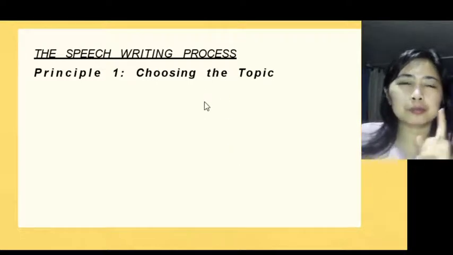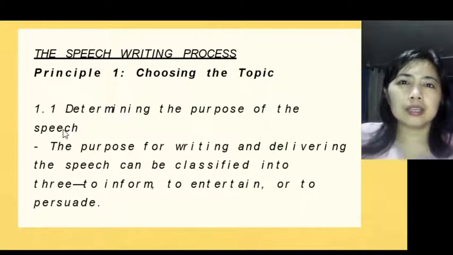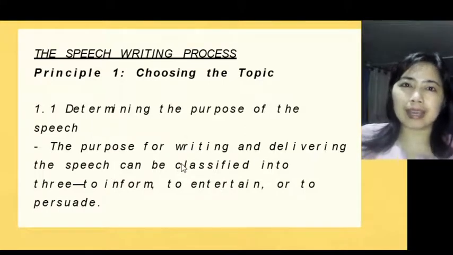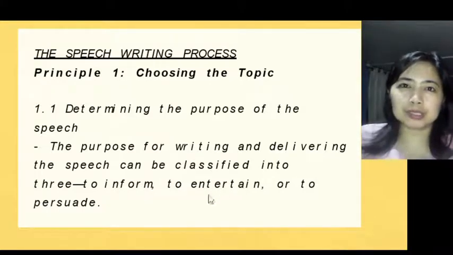For principle one, we'll be talking about choosing the topic. Here we have determining the purpose of the speech. This is the first thing that we need to know. The purpose for writing and delivering the speech can be classified into three: to inform, to entertain, or to persuade.